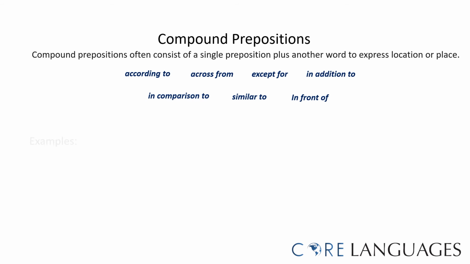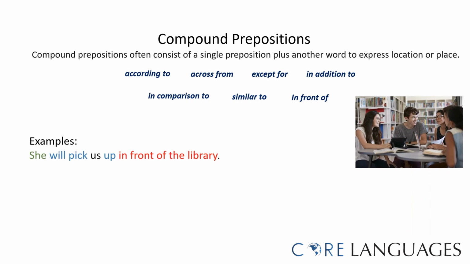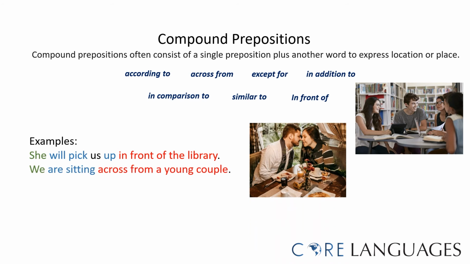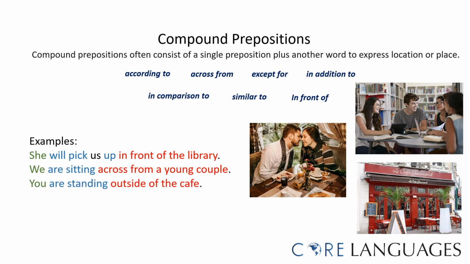Here are some example sentences. She will pick us up in front of the library. We are sitting across from a young couple. You are standing outside of the cafe.